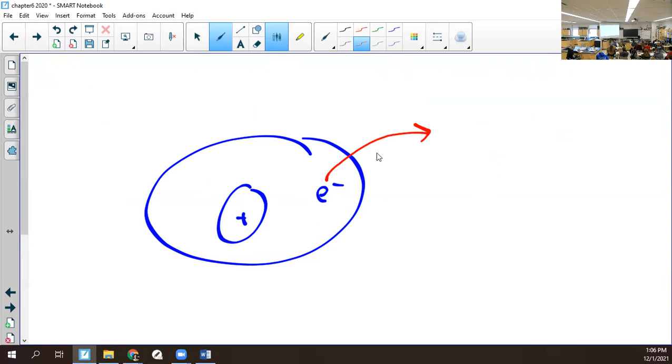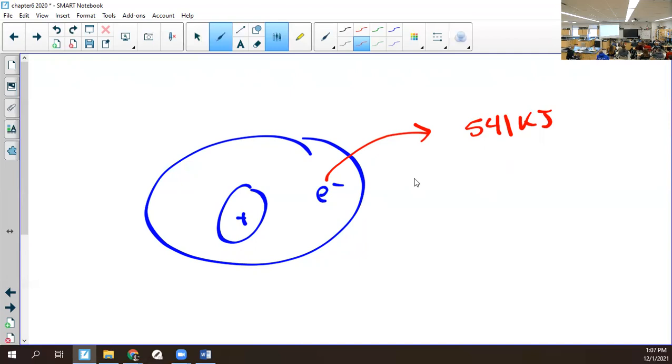I'm going to say it takes 541 kilojoules to remove it. What's the longest wavelength of light that can be used to eject it from the metal?